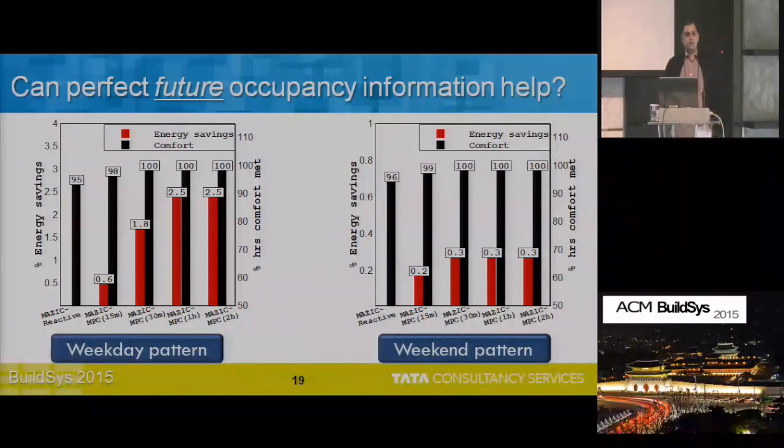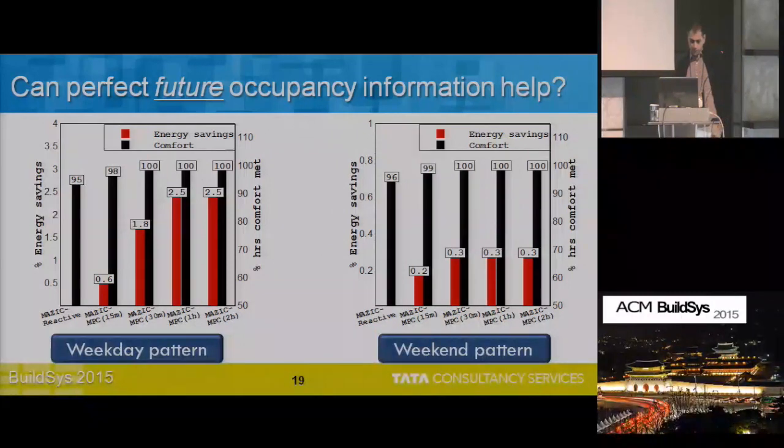So we wanted to see, even if you have a perfect knowledge of future occupancy, can an MPC kind of control help? So here the x-axis has the different strategies in terms of reactive and an MPC approach, which is having a different horizon, which means the occupancy information is available at a 15 minutes, 30 minutes, 1 hour and 2 hours horizon look ahead.